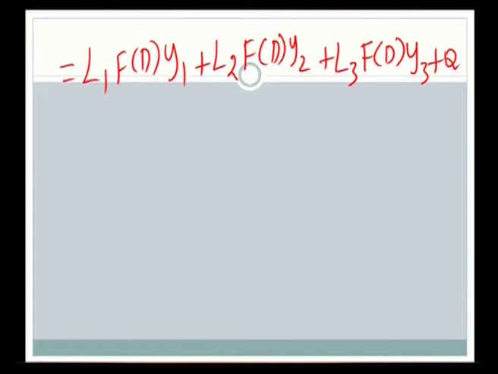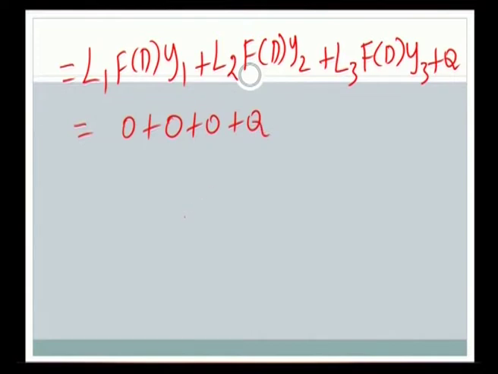This is how the final expression for f of D into y will become. Now, we know that L1 f of D into y1 is equal to 0, then L2 f of D into y2 is also equal to 0, then L3 f of D into y3 is also equal to 0. So, we get 0 plus 0 plus 0 plus q.